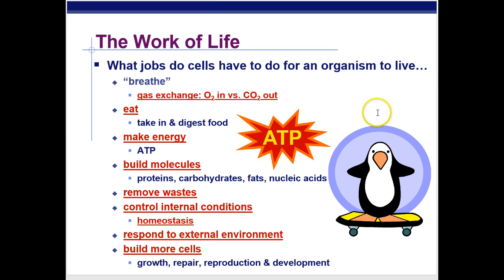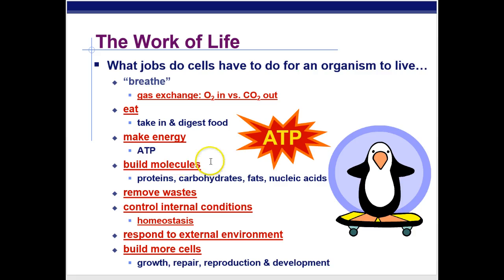In order to live, cells need to be able to do certain jobs. For instance, they need to breathe. They need to bring in oxygen and release carbon dioxide. They need to eat, meaning they need to take in nutrients and be able to make ATP, which is our source of energy, an energy molecule.